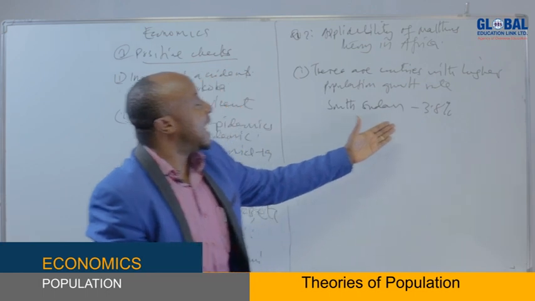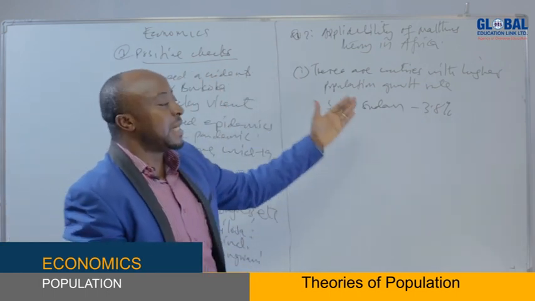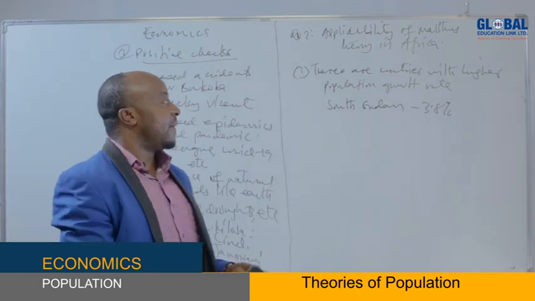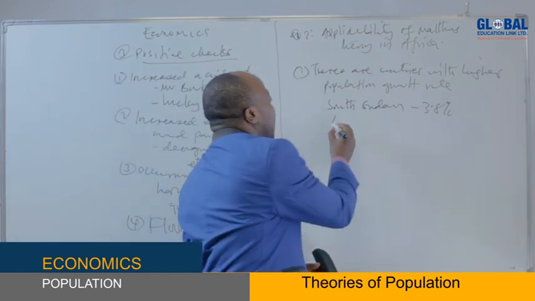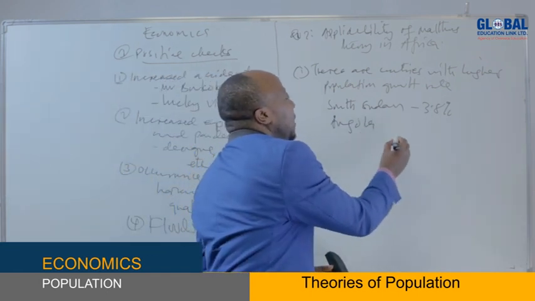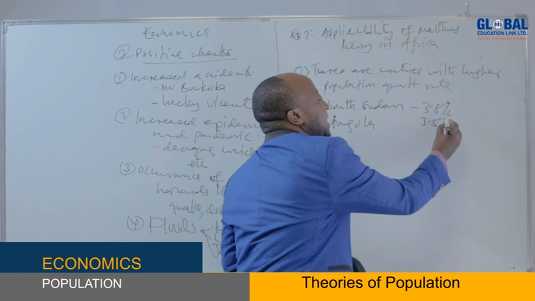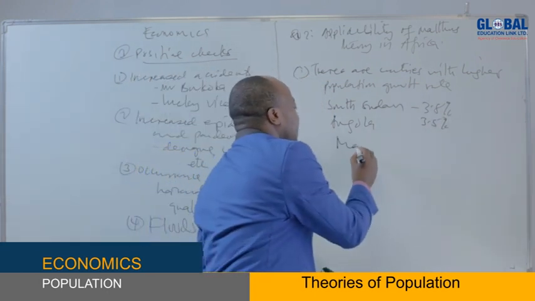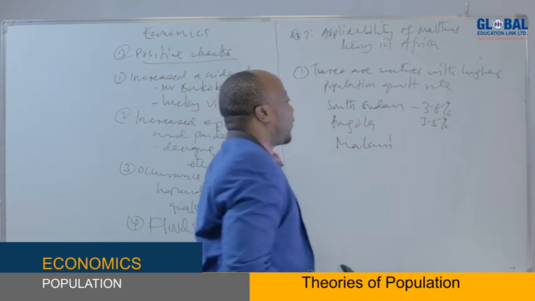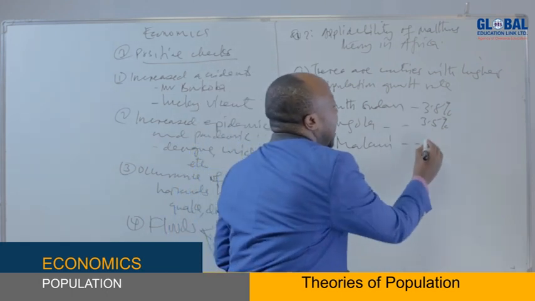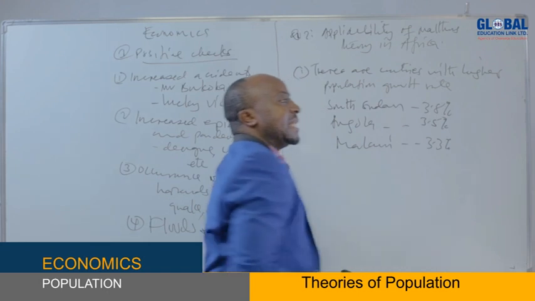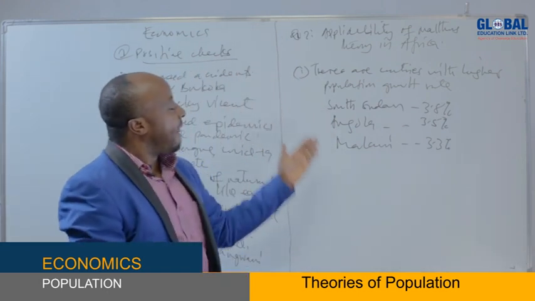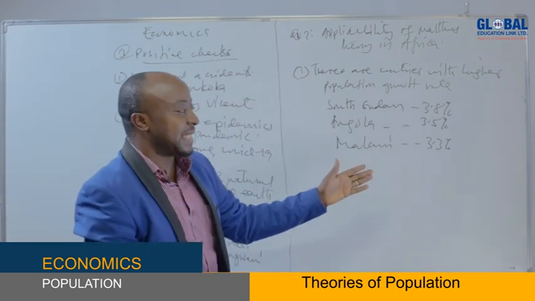For that case, there are indicators of applicability of Malthus theory in Africa. We have countries like Angola, which is 3.5%. That is an example. So we have Malawi, which is one of our neighbors. They are at 3.3%.